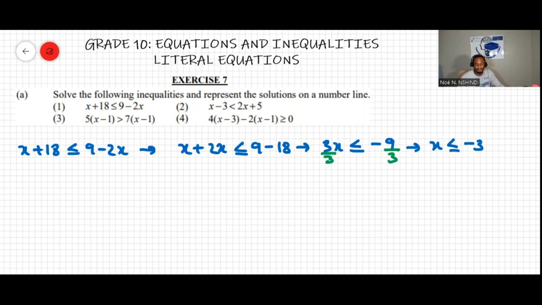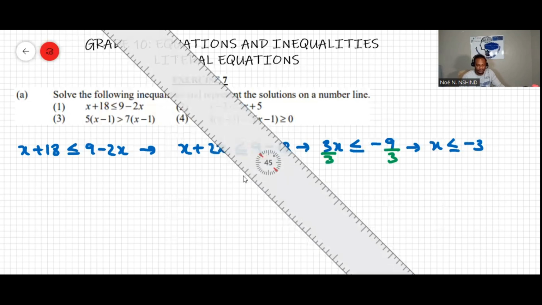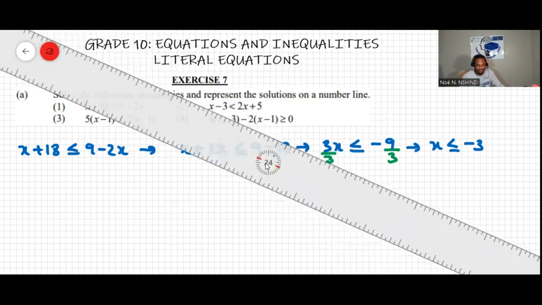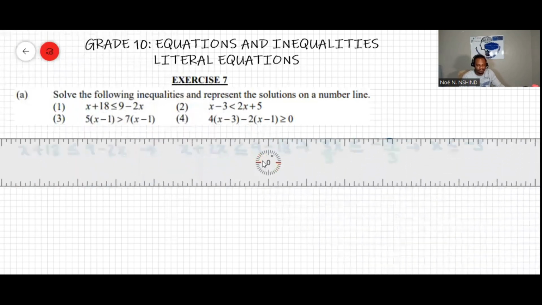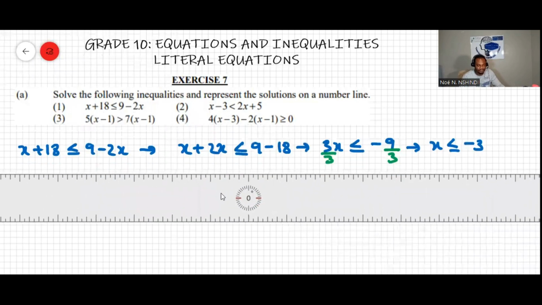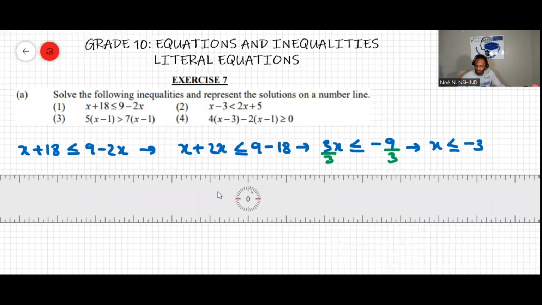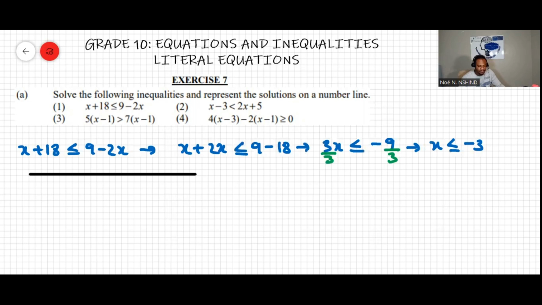So we can do the number line. I'll draw my number line here. And there, let's say negative 3 somewhere there.